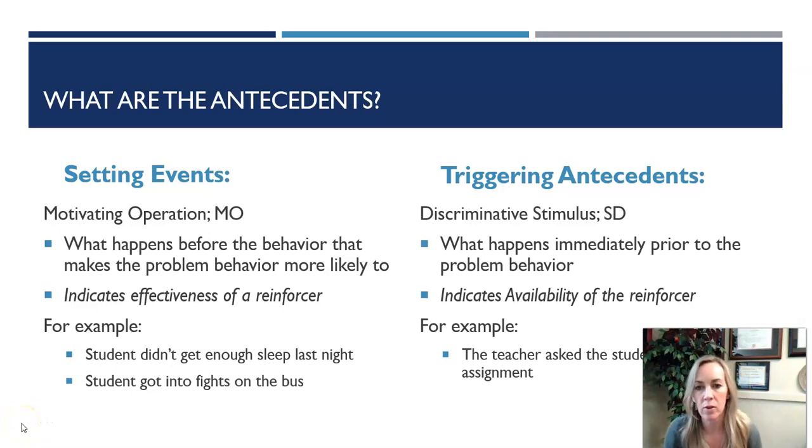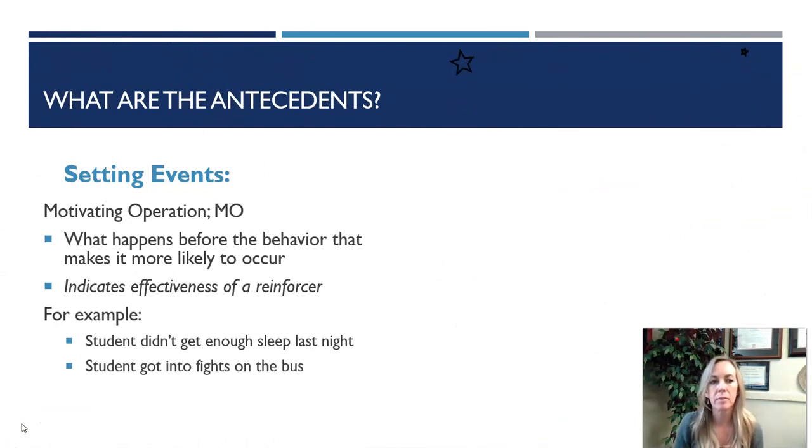Okay, well, here's an overview, and then I'm going to get into some more detail. First, when I talk about setting events, I'm often going to refer to it as the motivating operation. So this is what happens before the behavior that makes it more likely to occur. It indicates the effectiveness of that reinforcer. So sometimes we want something and it will be serving as a reinforcer for that behavior.